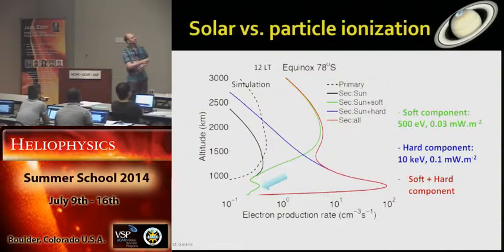Soft and hard just referring to the relative energies of the precipitating particles. You can see that those are orders of magnitude more important. So at least in the high latitude precipitation region, precipitating particles produce all the ionization that matters.